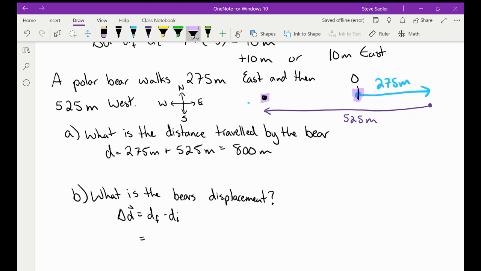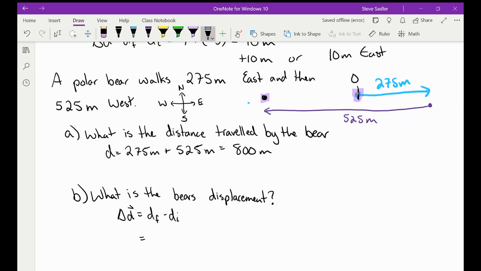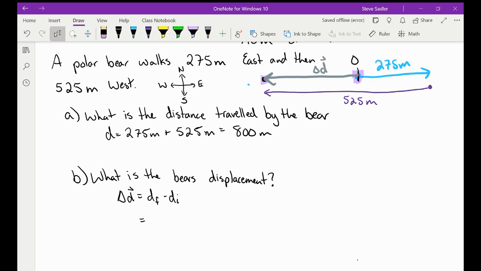So the displacement is going to be something like, let me get a different color here. Let's avoid red. Let's do gray. So the bear's displacement is going to be represented by the gray vector right there, because it's always measured from initial position to final position. And so we have to figure out what that value is.